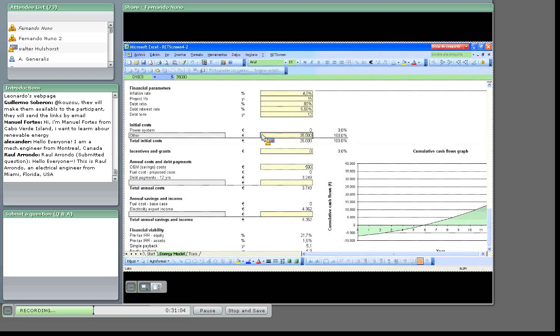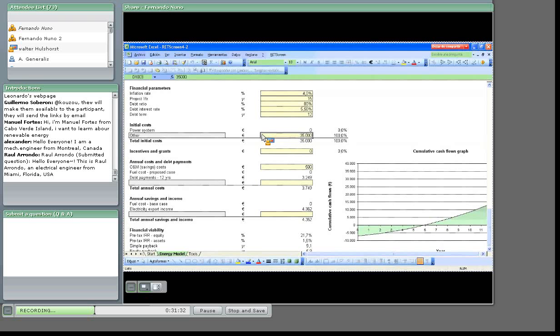So many countries are introducing incentives on investment for small wind systems. For instance, in Spain, you can have up to 3 euros per watt, which means in our case with 10 kilowatts you can have 30,000 euros for your project, which is a pretty good number.